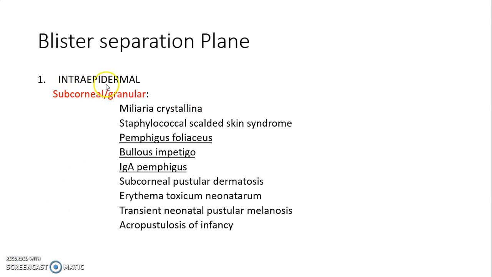If the blister is intraepidermal and the location is subcorneal, then it could be in miliaria crystallina, staphylococcal scalded skin syndrome, pemphigus foliaceus, bullous impetigo, IgA pemphigus, subcorneal pustular dermatosis, erythema toxicum neonatorum, transient neonatal pustular melanosis, and acropustulosis of infancy.